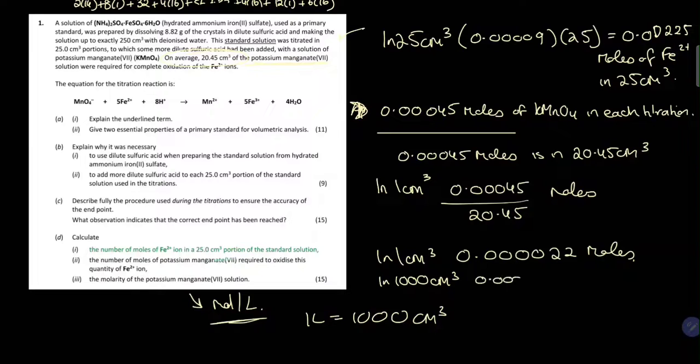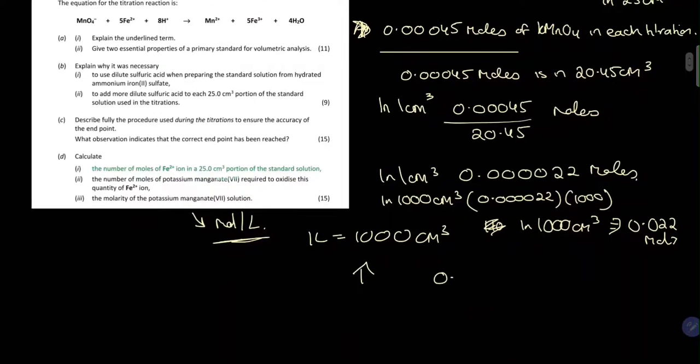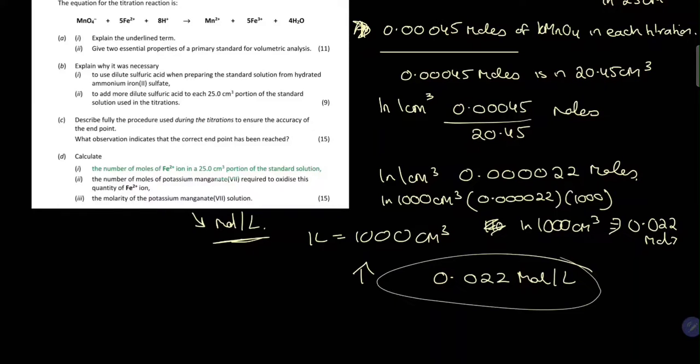So in 1,000 centimeters cubed, we have 0.022 moles. So remember, 1,000 centimeters cubed is a litre. So we have 0.022 moles per litre, which is your molarity of the potassium permanganate.